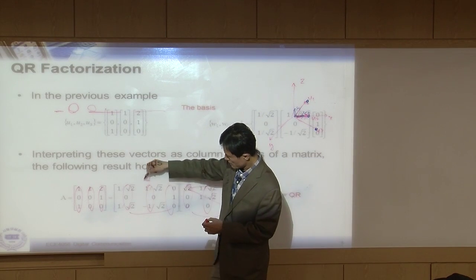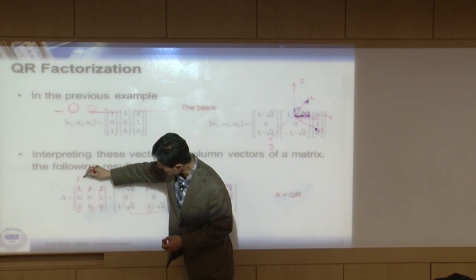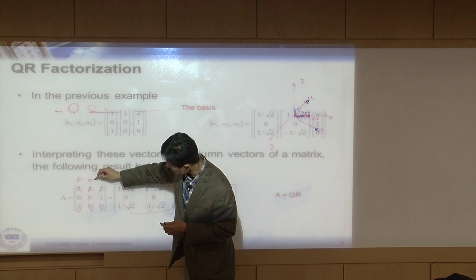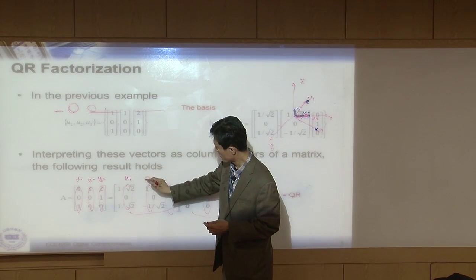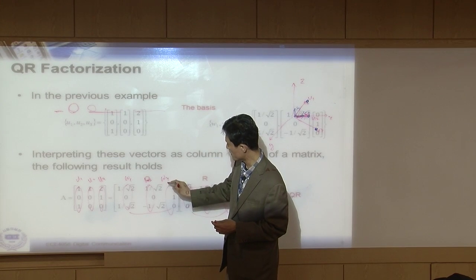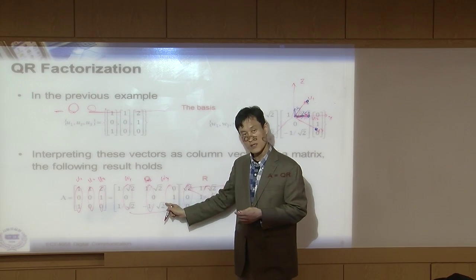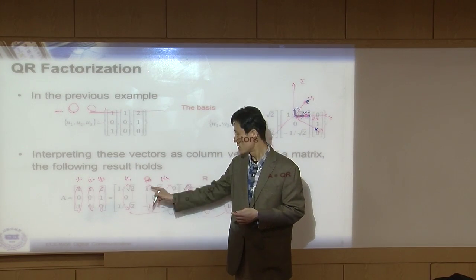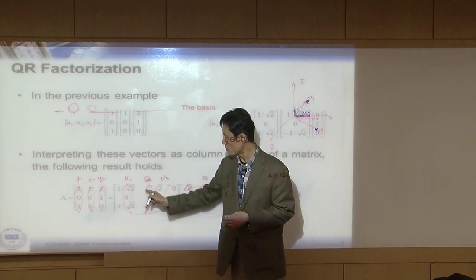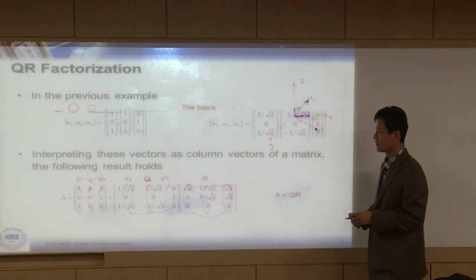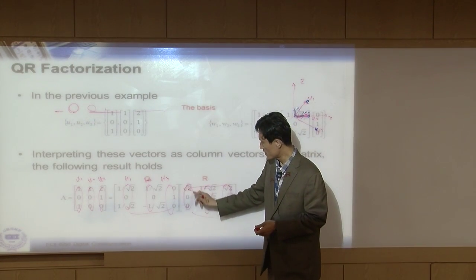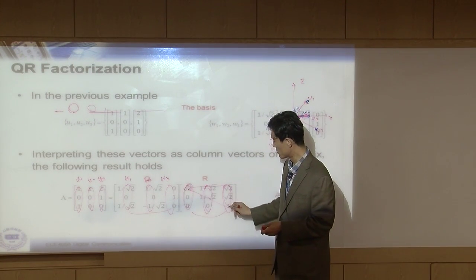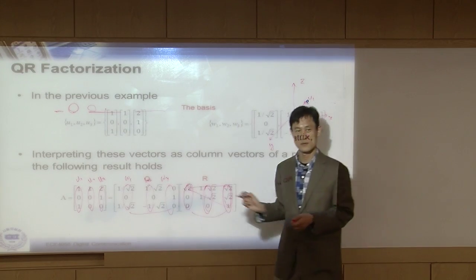This is the original vector U1, U2, U3. When you run the QR factorization, these 3 column vectors in the Q matrix work as a basis, and based on that, you're going to get the new position of these 3 vectors.